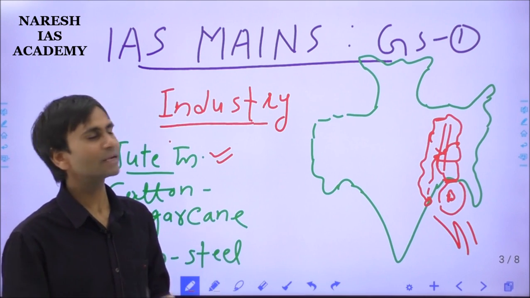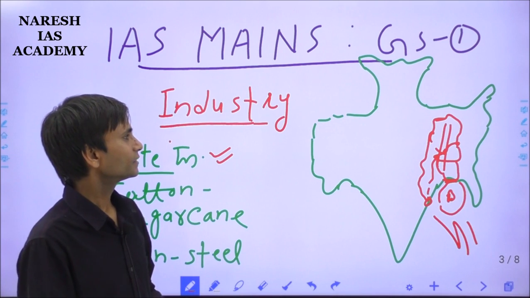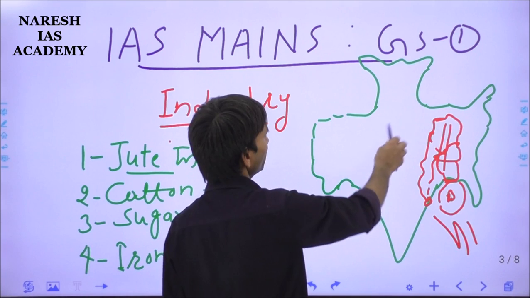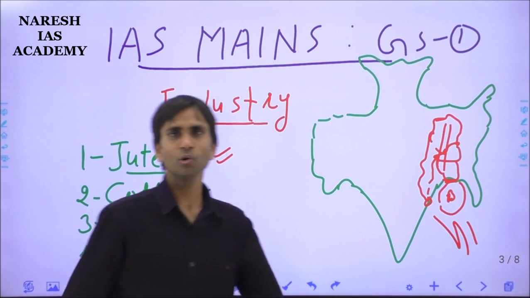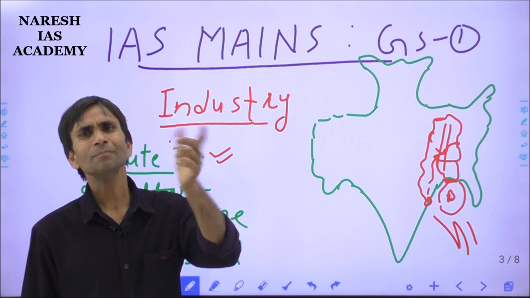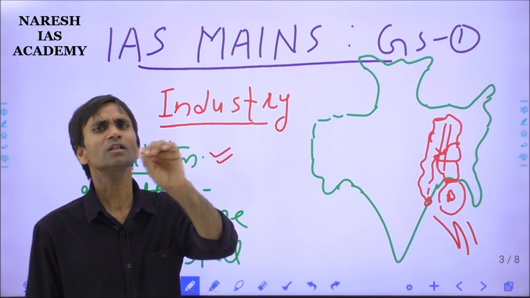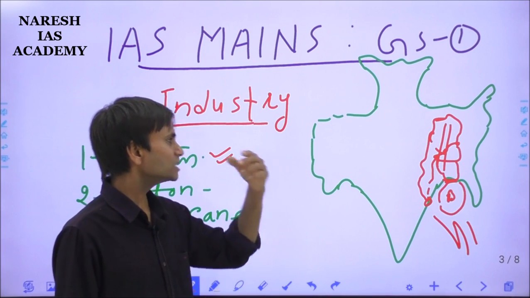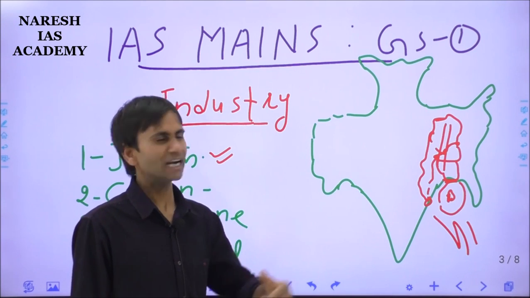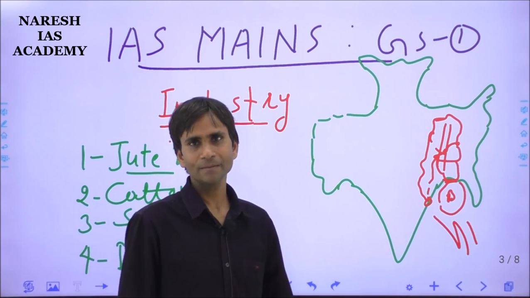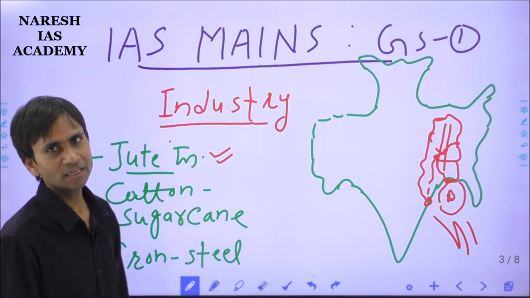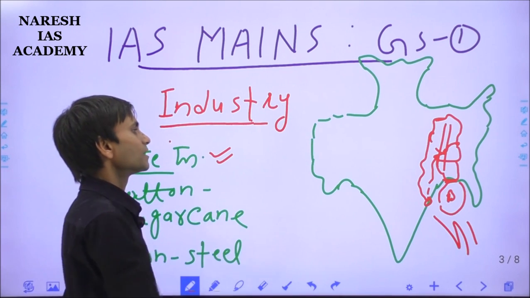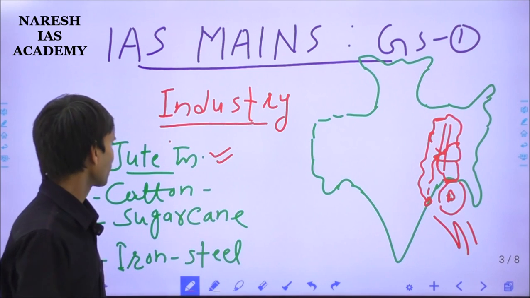But still today we can say it is centralized in this area, and in the remaining part of India either there is no jute industry or only a small jute production on a very small scale without a significant place. So the jute industry is still determined today by its traditional factors.